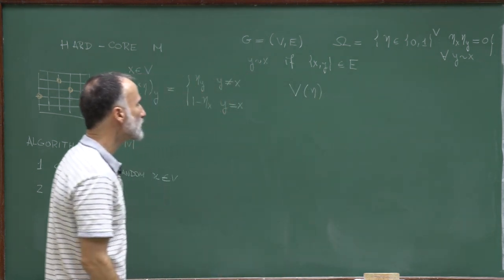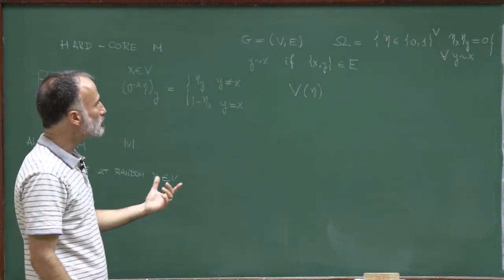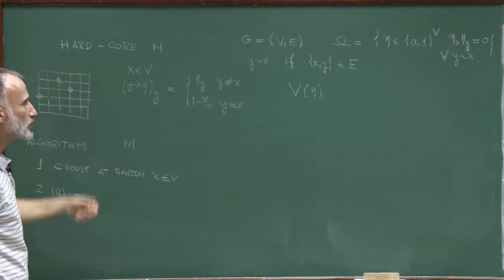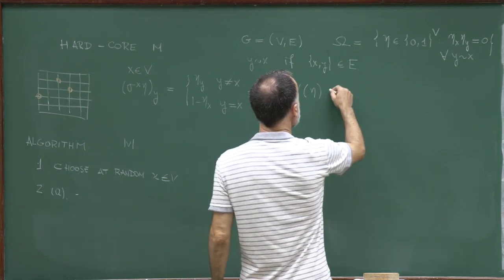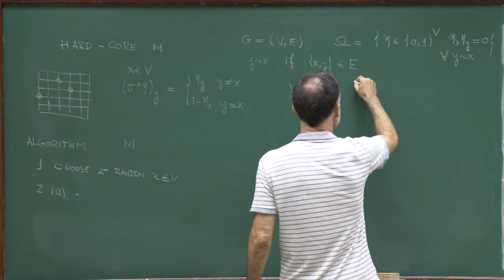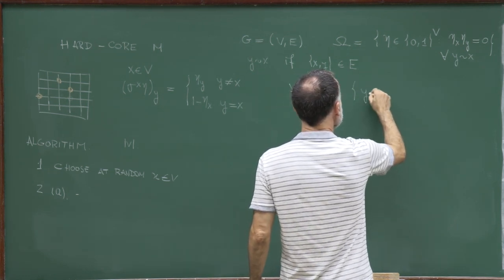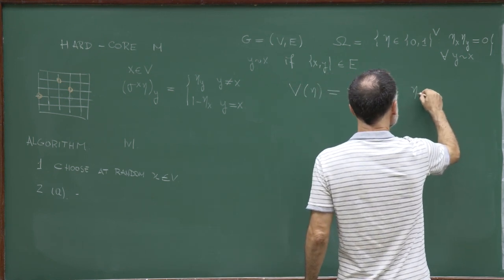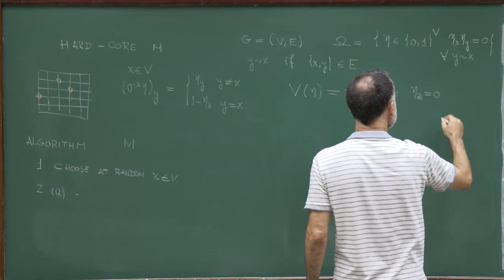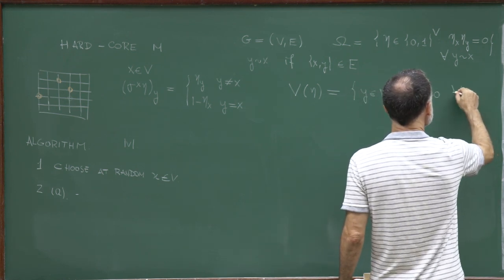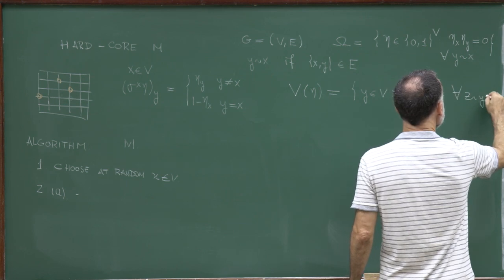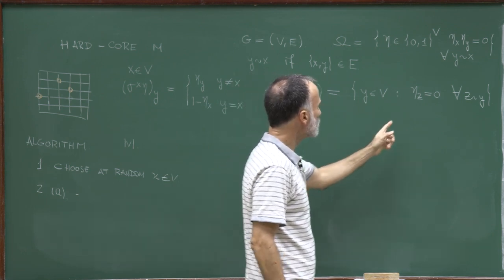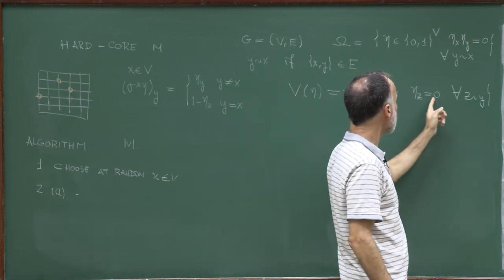I fix a configuration eta, and I represent by V of eta all sites at which I'm allowed to flip the particle, or place a particle. This is all y in V such that eta_y is equal to 0 and eta_z is equal to 0 for all z which are neighbors of y. So y belongs to this set if all neighbors of y are equal to 0.